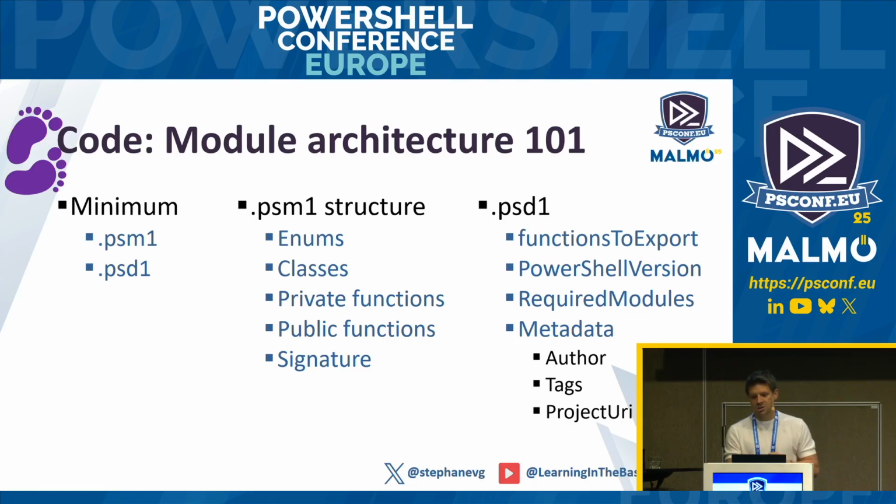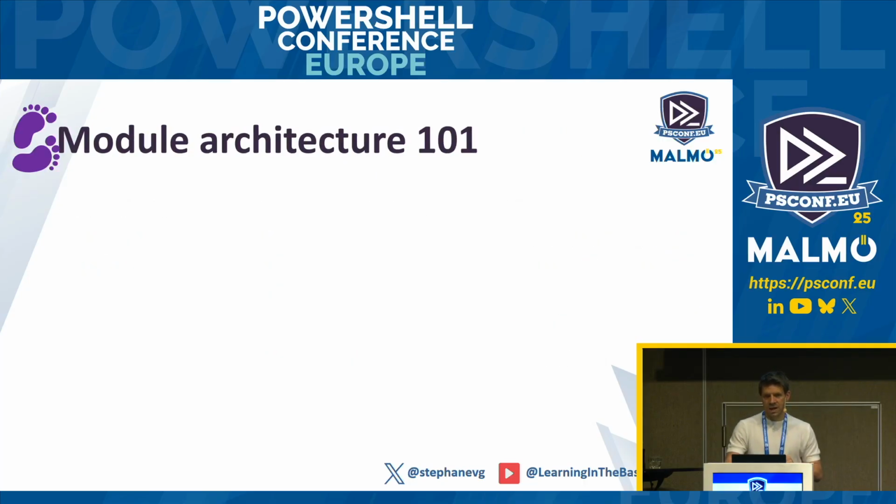A project URI is always good to point to where the code is located if it's internal code, or to the wiki page if there is documentation for the end user. And so we had this structure, this one big PSM1 file with classes, functions, etc.